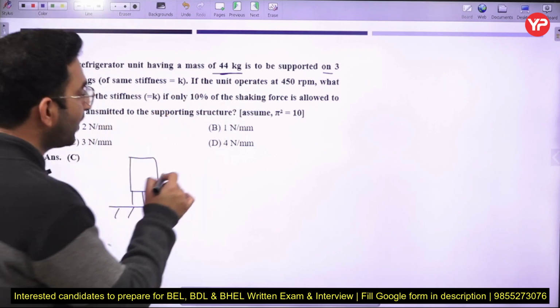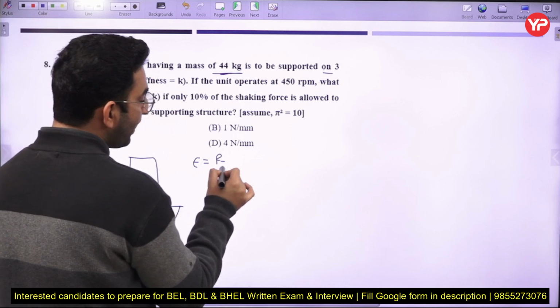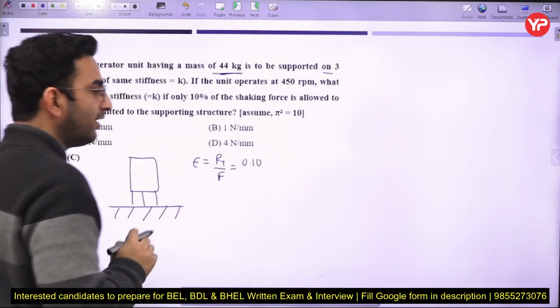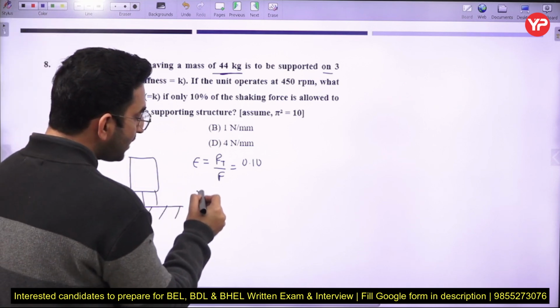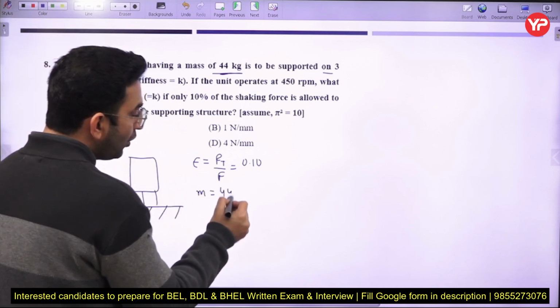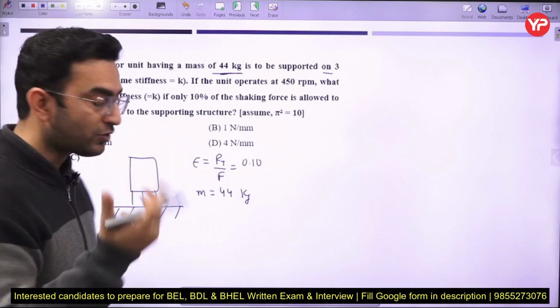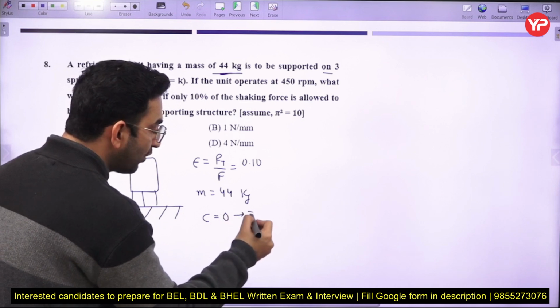So we can say the value of the transmissibility, that is the Ft by F ratio, is given to you as 0.10. And the value of the mass is provided to you. We don't have any damper here, so we can say the value of C is going to be 0, and correspondingly zeta is going to be 0.